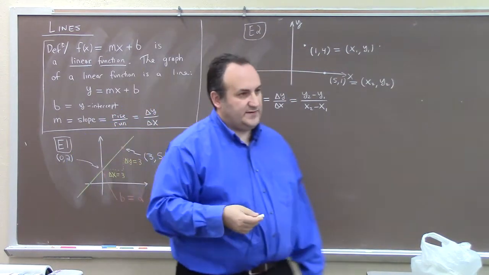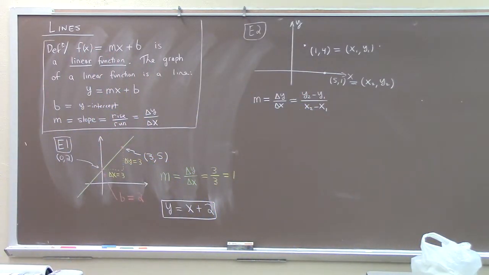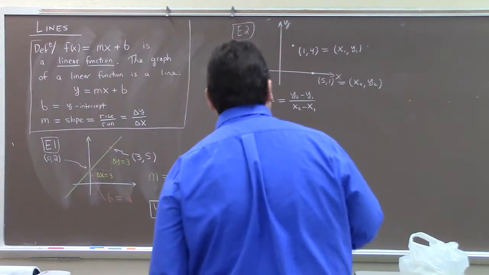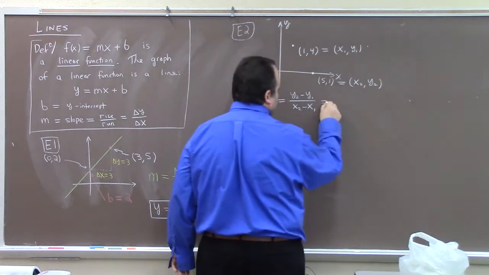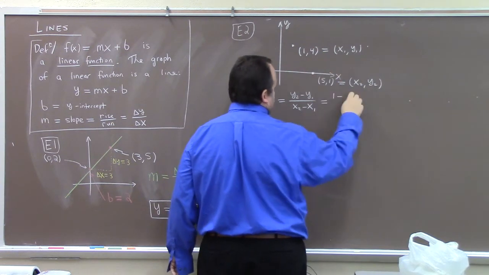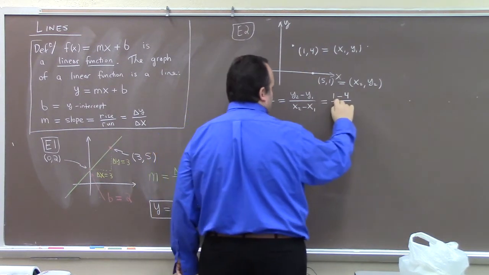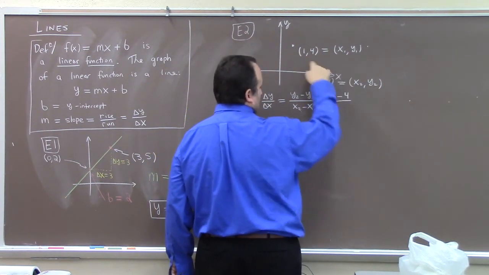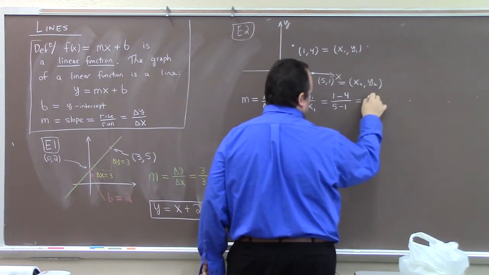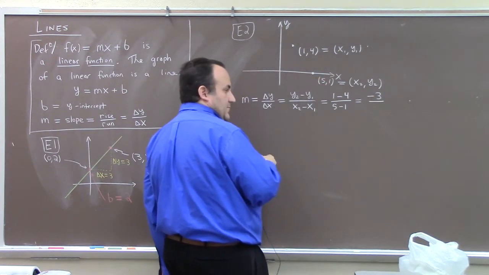So you guys tell me, what is y2 and what is y1? y2 is 1. y1 is 4, right? So I got 1 minus 4. How about x2? x2 was 5. x1 was 1. So what do we got this time? The slope is minus 3 over 4, right?